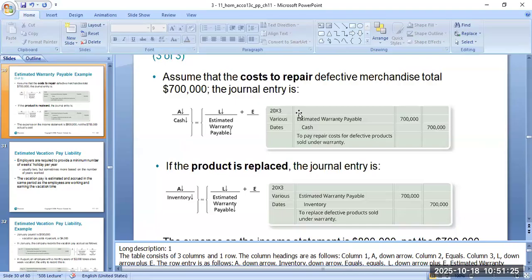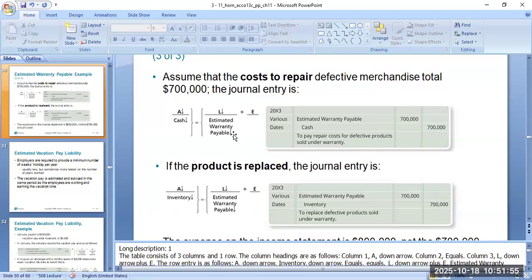If we're repairing the defective merchandise, we have to pay cash for our employees to do the repairs. Now, since we already recorded the warranty expense, we cannot record another warranty expense. Then how are we going to treat this? Well, then we're going to reduce our estimated warranty liability.